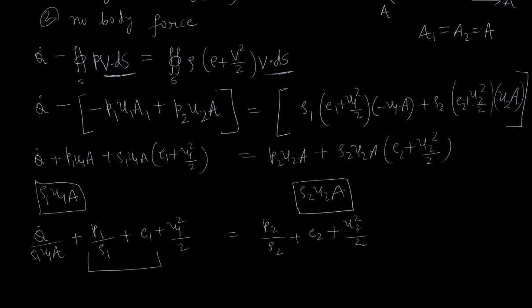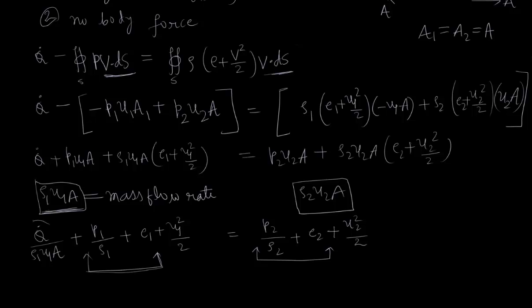Now P1 by rho 1 plus E1 is equal to H1. Similarly, P2 by rho 2 plus E2 will become H2. And we know that rho 1 U1 A is equal to the mass flow rate.